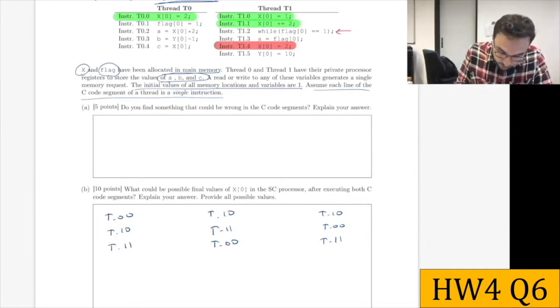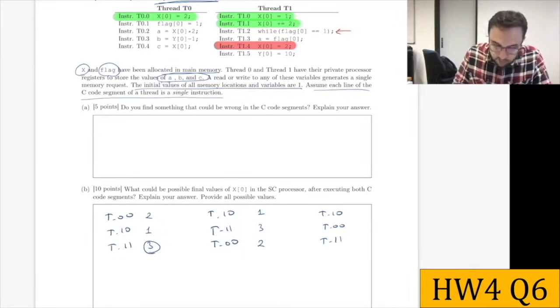Here T00 sets X0 to 2, and then in T10 it becomes 1, and then we increment it by 2, so it becomes 3. And here we start with X0 equal to 1, and then in T11 it increments to 3, and in the last one we just assign the constant 2.